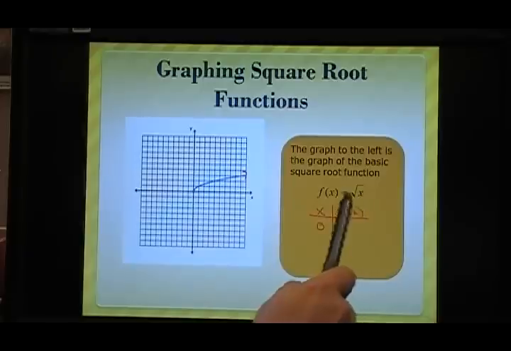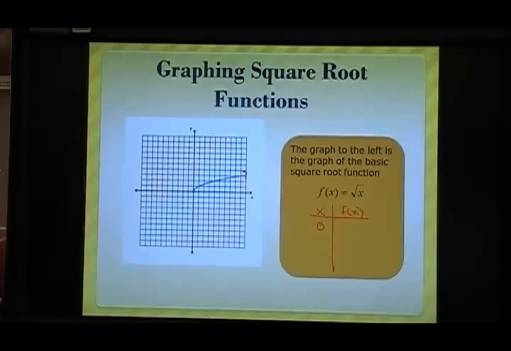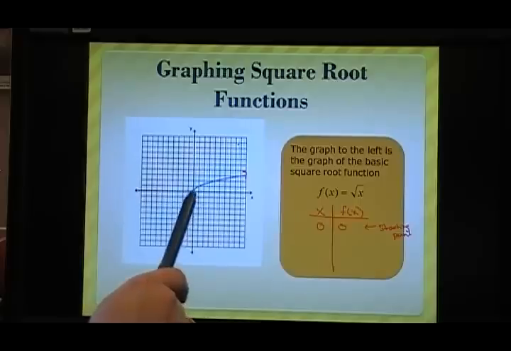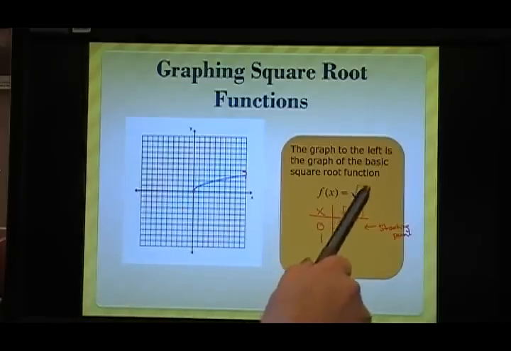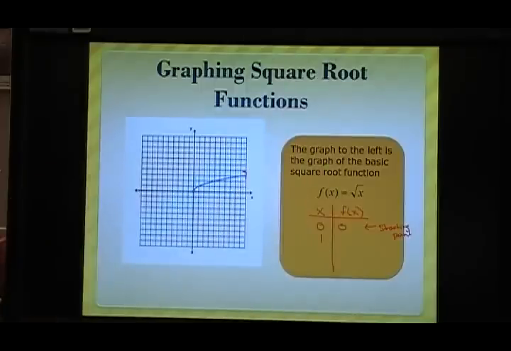Inputting 0 for x, the square root of 0 is 0. So my starting point with square root functions is this 0, 0. Okay? And then looking at some other, it looks like 1, 1. If we check the math, if I input 1 for x, the square root of 1 is 1.